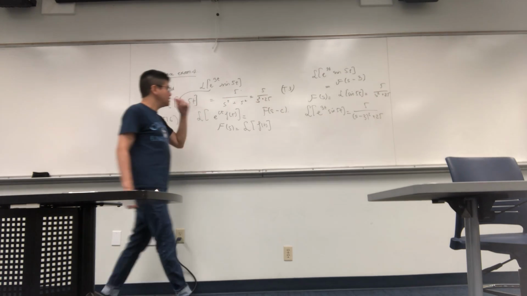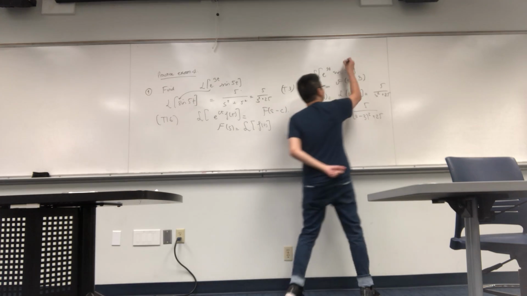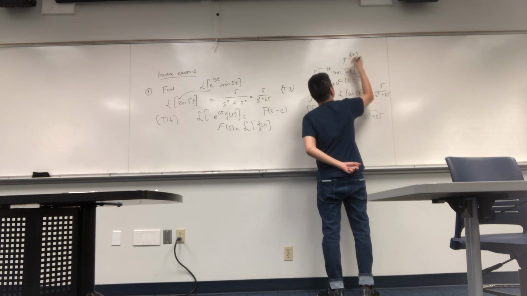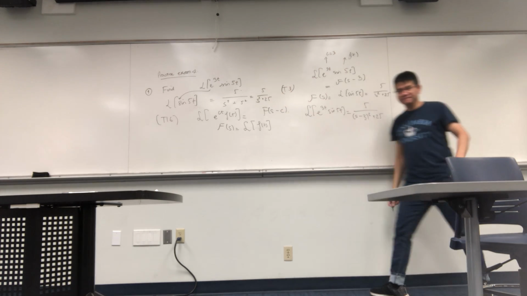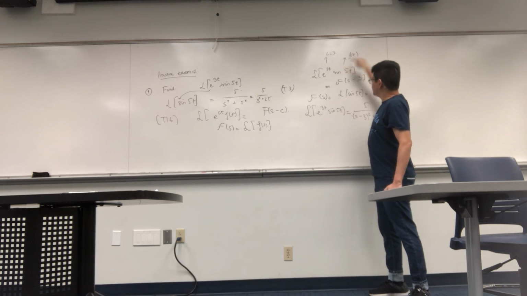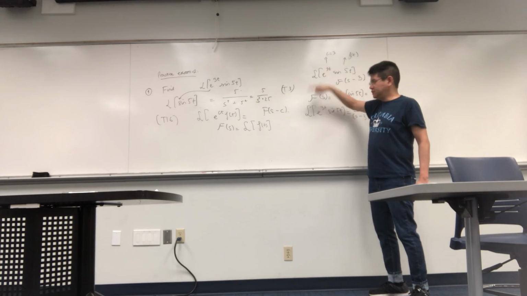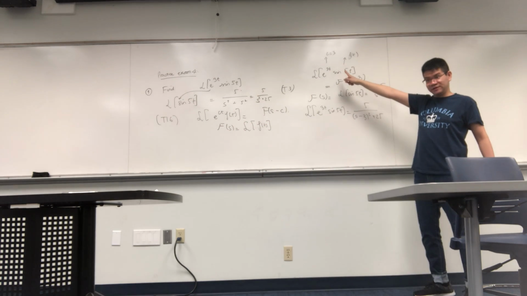So you apply this theorem for f(t) to be sine of 5t and c is 3. In this case, the e to the ct should be e to the 3t, right?